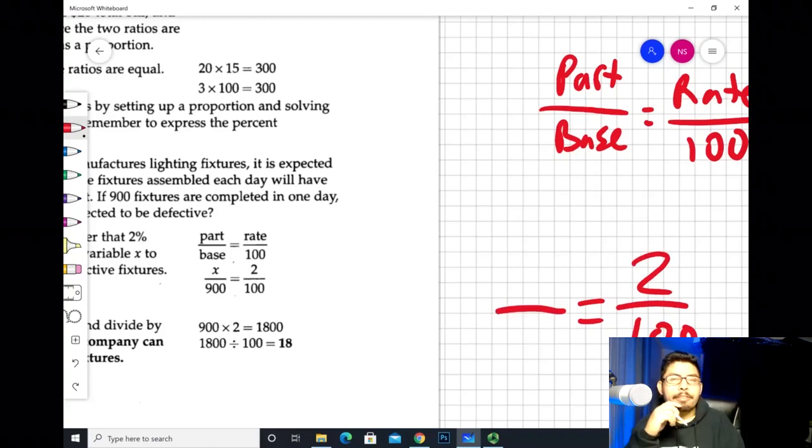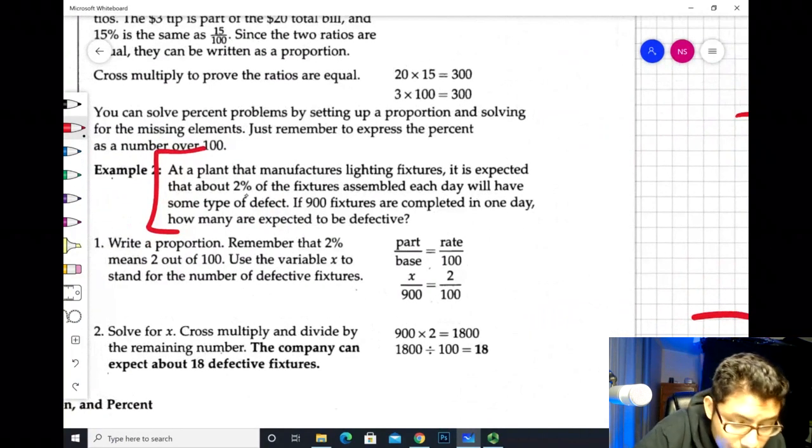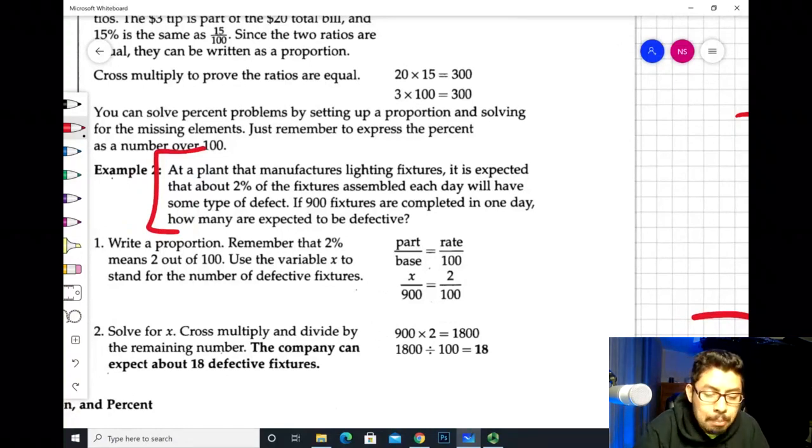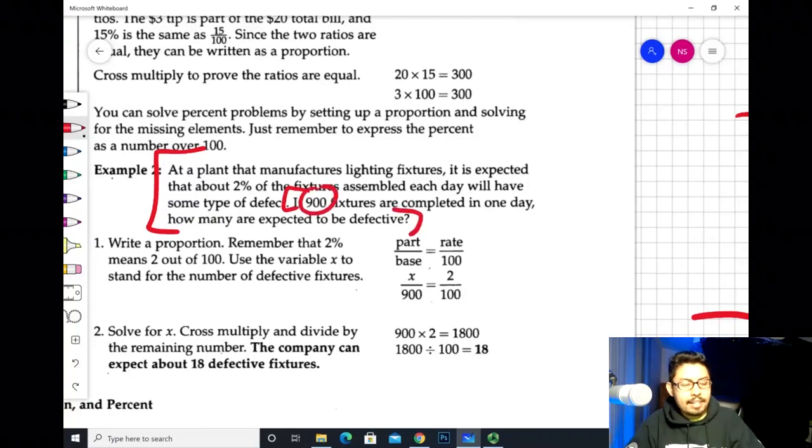Now it's just a matter of figuring out what other number they gave me. If we continue on, 2% of the fixtures assembled each day will have some type of defect. If 900 fixtures are completed in one day, how many are expected to be defective? Read that question right there. I know 900 is my other number. But now, what does that 900 represent? Is that the part, or is that the base?